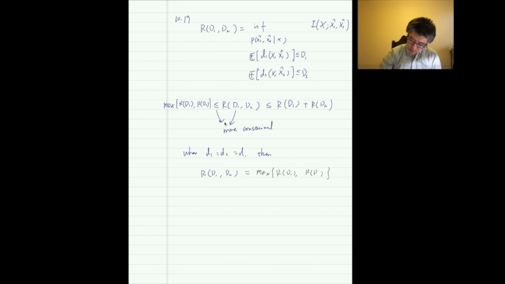The reason is that if the one with the bigger d is satisfied, then the other one will be satisfied simultaneously. So that's basically the argument for this problem.